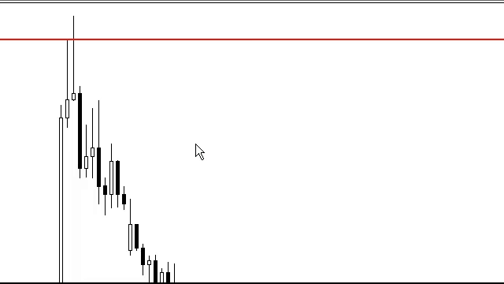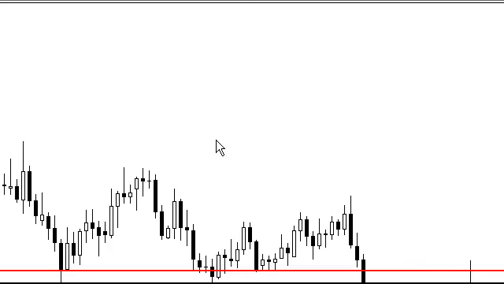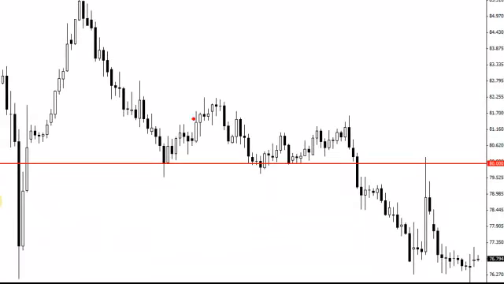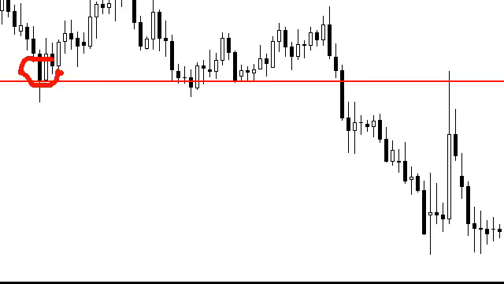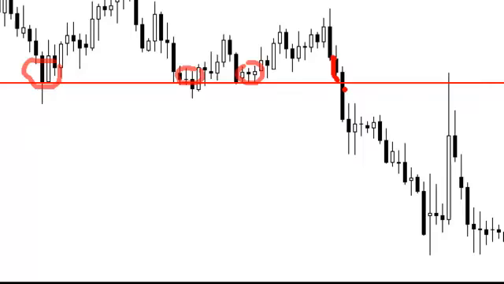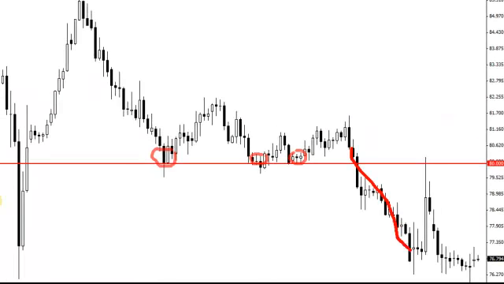So what made this pin bar a good trade for me to take? Well, if we go to the daily chart, you can notice that I've already marked in this level. It's a very big round number of 80.000. If we look to the left, it's held as previous support, a bit more support, and prices have eventually broken through and fallen away.